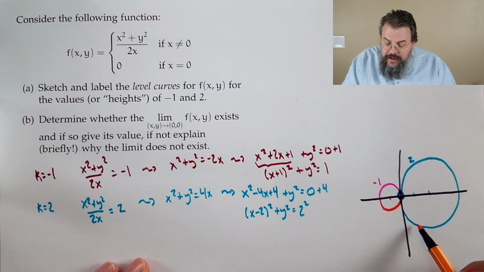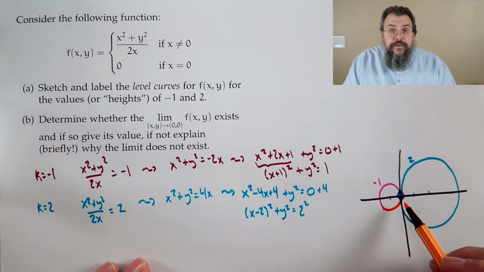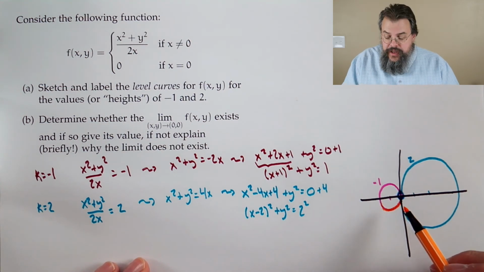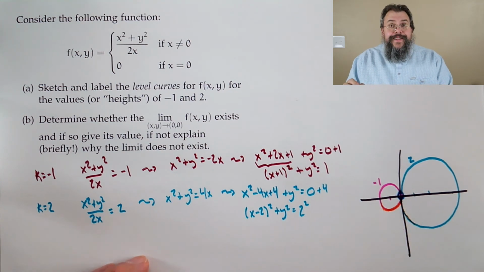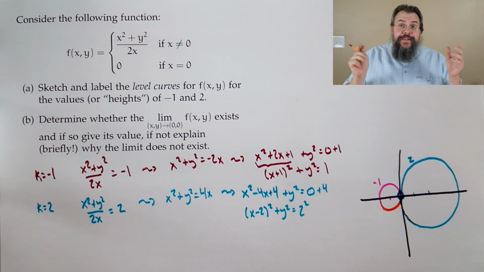What if I travel along this circle? I get 2, 2, 2, 2. So as I travel on this circle, I get always 2. And so I think the limit should be 2. So, wait a second, negative 1 and 2 are not the same. It's a true fact. Negative 1 and 2 actually differ by a couple.